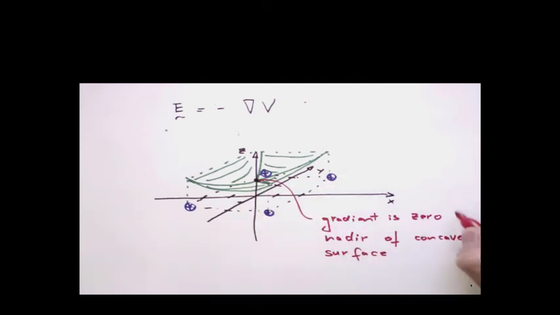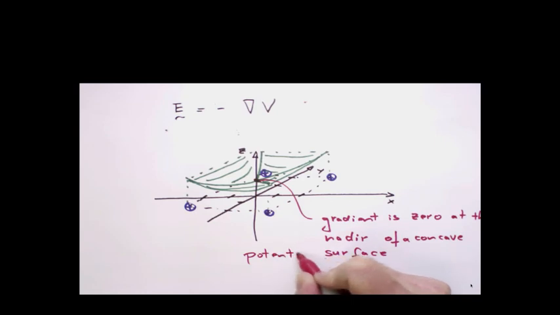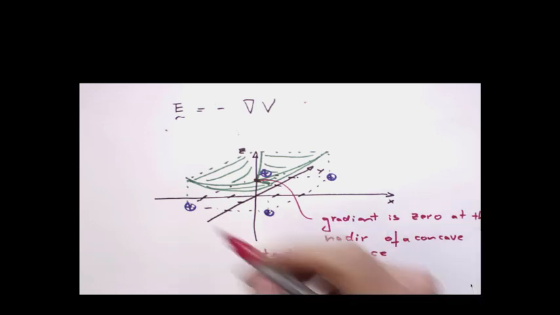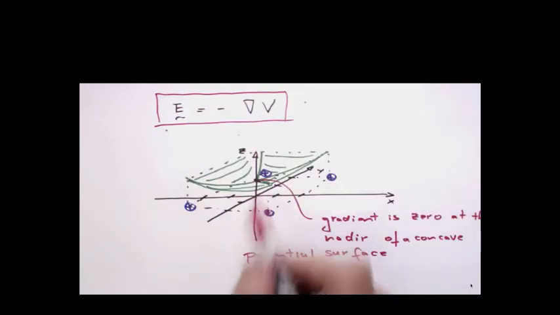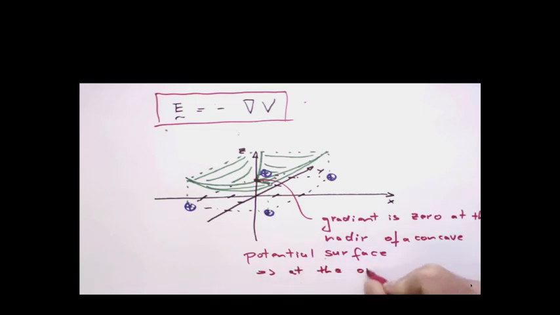Gradient is 0 at the nadir of a concave surface, that is the potential surface. And that explains why at that point the electric field is zero. So therefore at the origin E is equal to the zero vector.